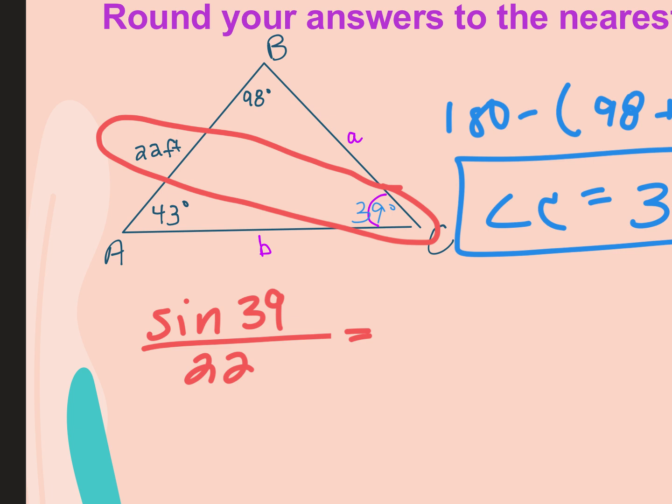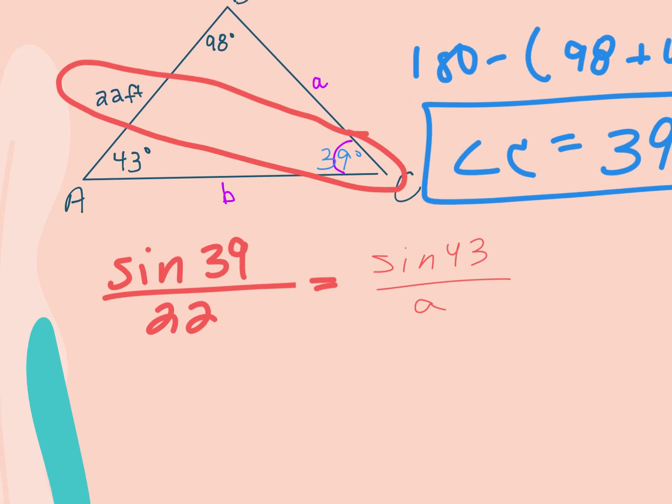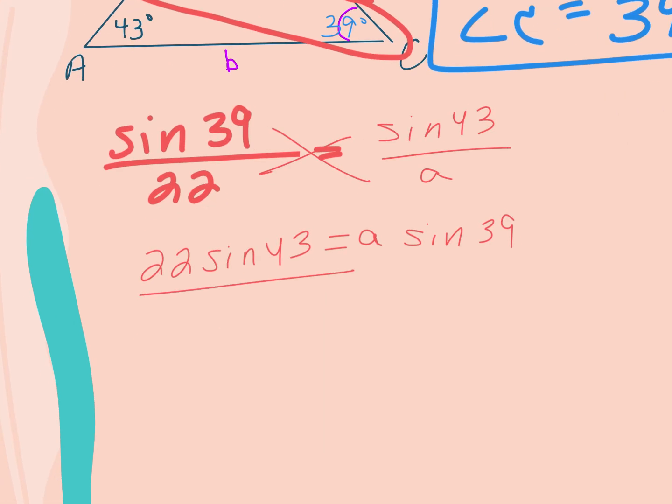So what do you want to do? A? Okay. So sine of 43 over A, a fraction equal to a fraction. So we do what? Cross multiply. So 22 times the sine of 43 equals A times the sine of 39. And then what's my last step?